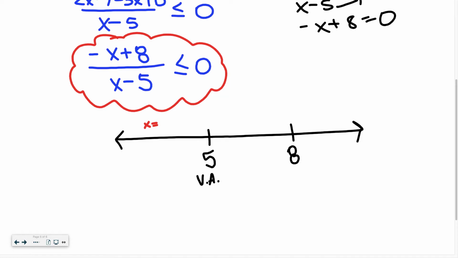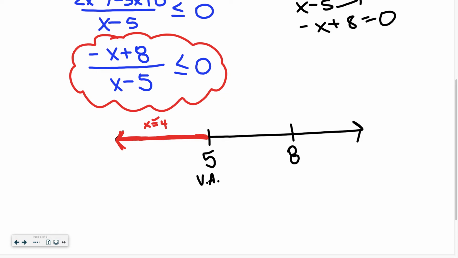It doesn't matter. Does it matter? No. Okay. I'm going to choose, well, I heard 4 first. So if we take negative 4 plus 8, that's positive, right? And if we take 4 minus 5, that's negative. So our fraction becomes negative. That works, right? Okay. And so all of this is going to work.